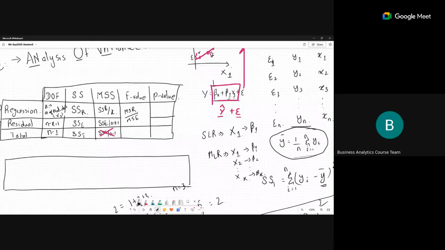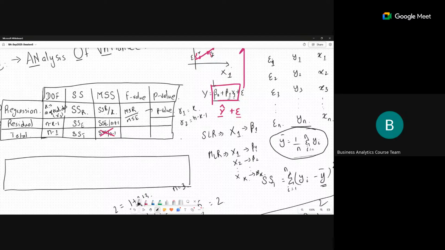SSR times n minus k minus 1 divided by SSE times k is basically MSR by MSE. So that is your F statistic. Then correspondingly, you find the p-value from the F statistic table, where you need 2 degrees of freedom, rho 1 and rho 2. Rho 1 is going to be k, rho 2 is going to be n minus k minus 1. That is all.